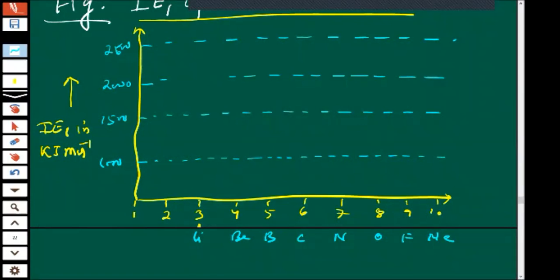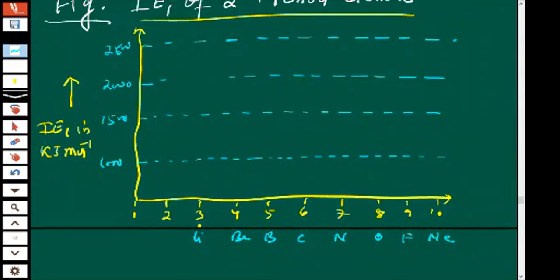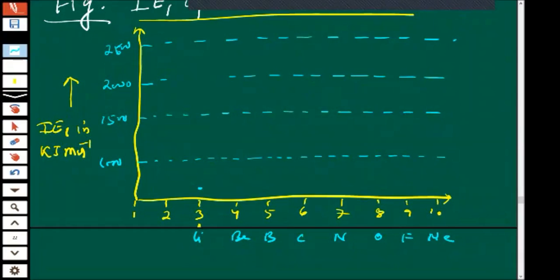So children, what is the value of lithium? What energy is required to remove the first electron of lithium? The value is 520 kilojoule per mole.